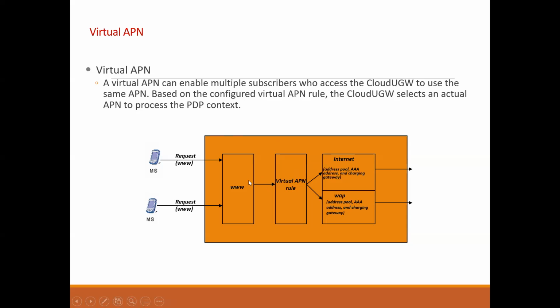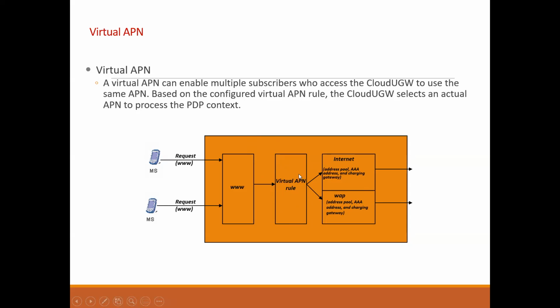So an easier way is that you can define, like a user in this handset is using the internet APN. So what you can do is that you can configure on the PGSN, and you can assign that the internet is now a virtual APN, and your actual APNs are maybe internet 1, internet 2, and internet 3.